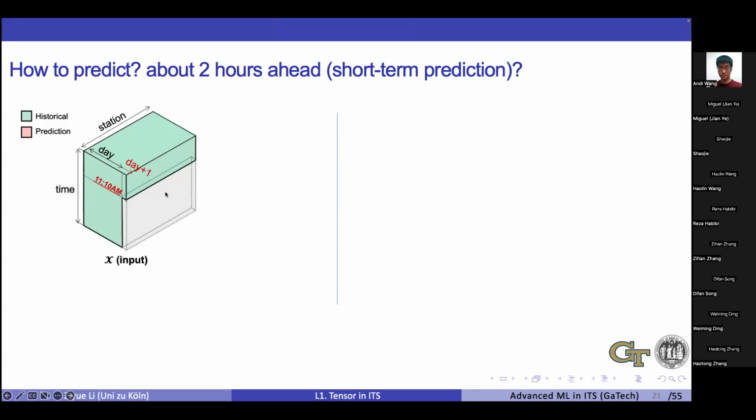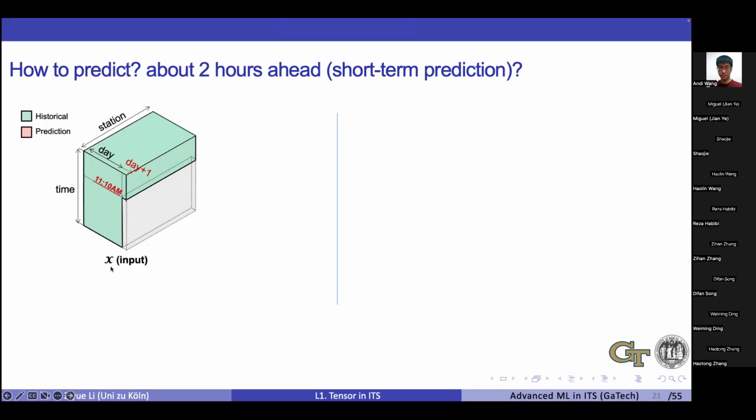So we use tensor completion in a way that we treat the historical data as the observed data, and the prediction horizon as the missing data. This is how we formulate it as the tensor completion method.